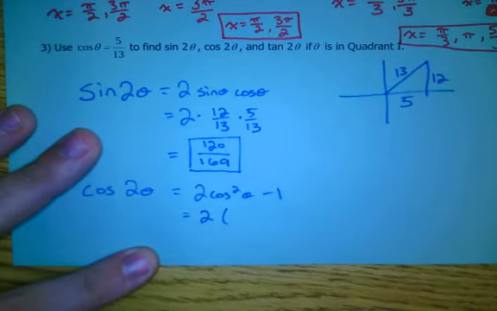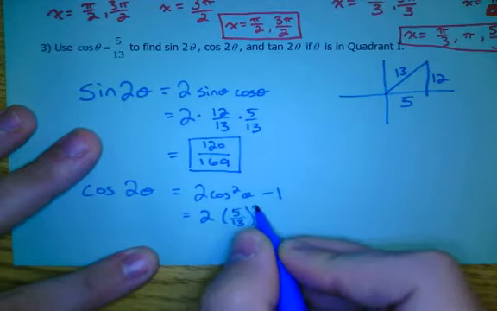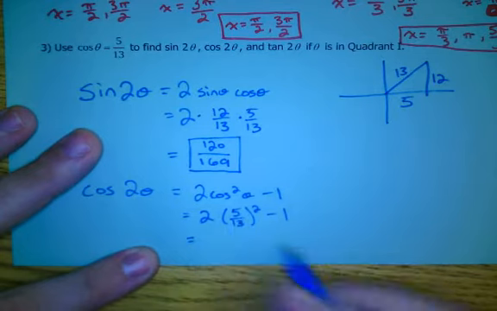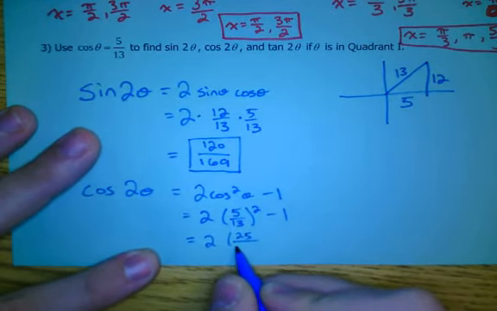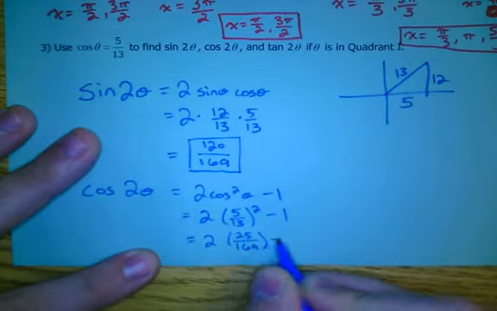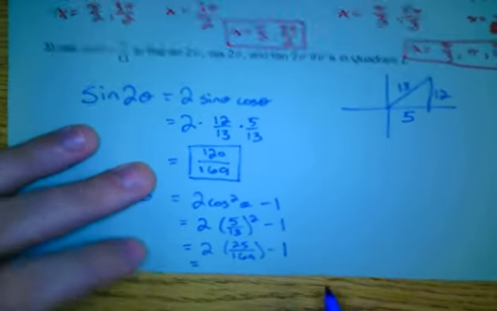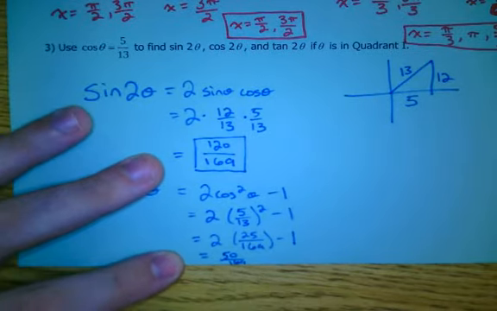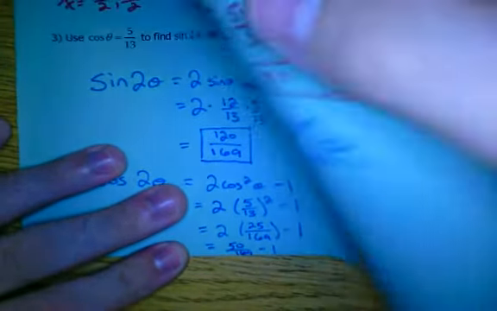So it's 2 times, what is cosine of theta? And we're going to square that, minus 1. Well, what is 5 squared over 169? Which is 50 over 169, minus 1.